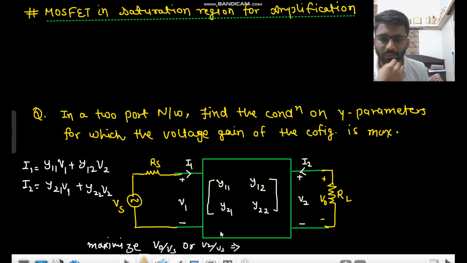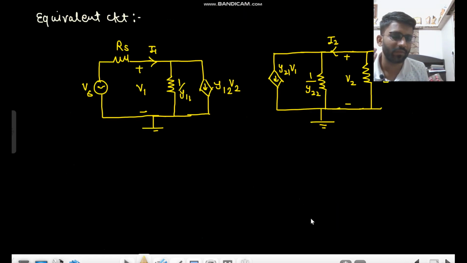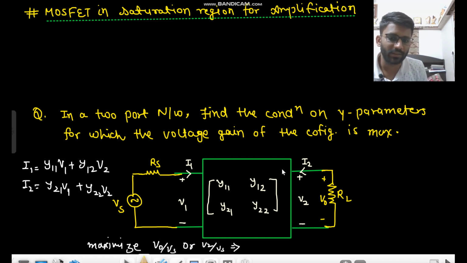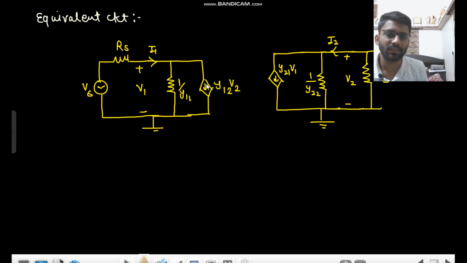For that, we will make the internal structure, the equivalent circuit, of this one. You need to know how the equivalent circuit of a Y parameter network looks. This is how it looks.